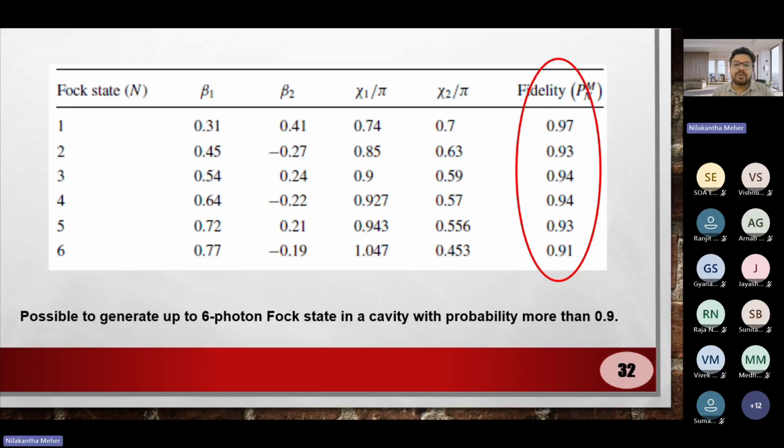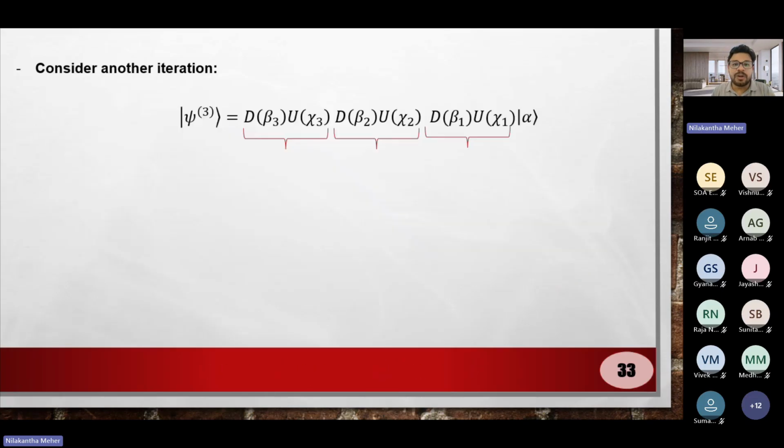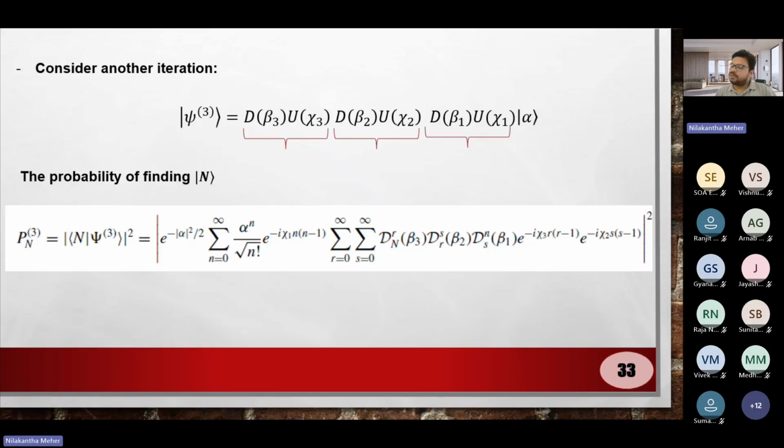If you want to generate higher order Fock states, then this probability may decrease because of only 2 iterations. So now let us further increase by one more iteration, that is the 3rd iteration, D(beta 3) and U(chi 3). This is the probability to calculate again. Once again, sorry, we cannot simplify further because there are so many summations. Here we need to optimize 6 variables: the driving amplitudes beta 1, beta 2, beta 3, and the Kerr strengths chi 1, chi 2, chi 3.